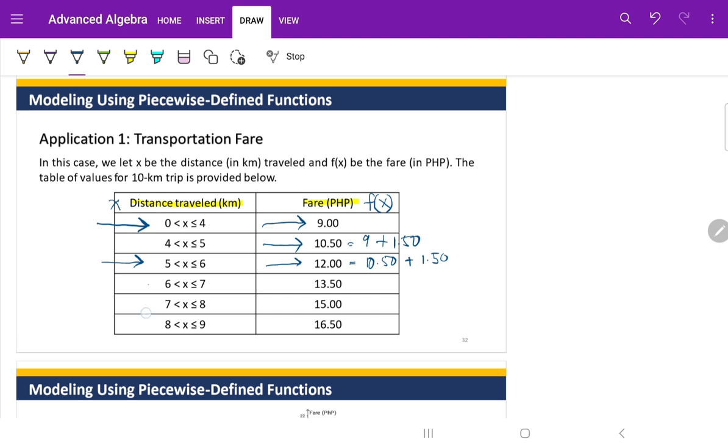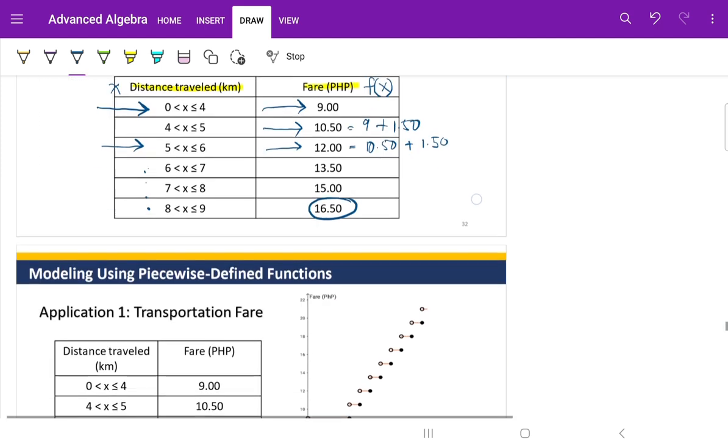This continues, and if you are traveling 9 kilometers, then you will pay this total amount. So that is the relationship between the independent and dependent variables in this scenario.